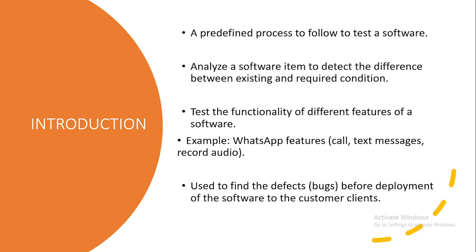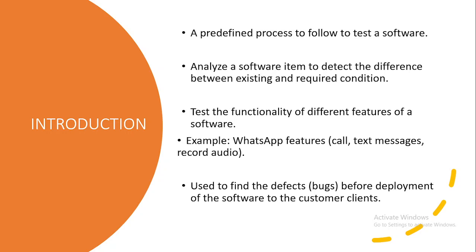So let's say that he gives some conditions, requirements, to the developers team, that it should meet these criteria. So what is the responsibility of the software testing team? It will analyze the software, and it will detect the difference between the existing and the required condition.